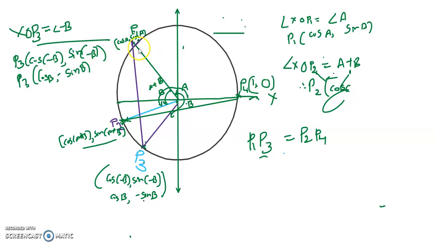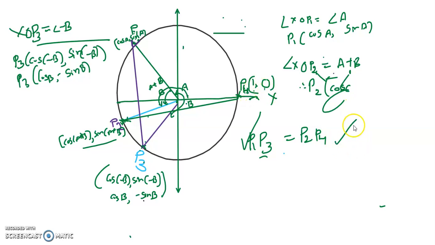Then, from the figure, this is cos A, sin A, and this is cos B, minus sin B. This is angle B, so when we join P1, P3, it is the same as joining P2, P4. Since this point P4 is on the x-axis and this is a circle of unit radius, the coordinates of P4 are 1, 0.